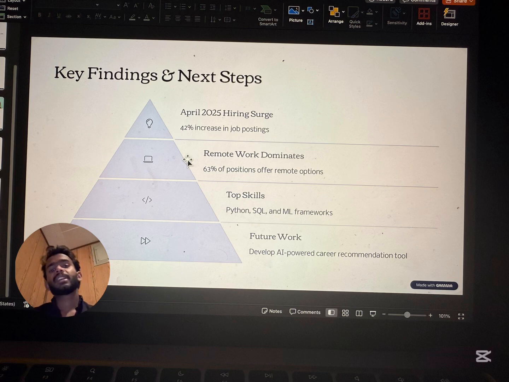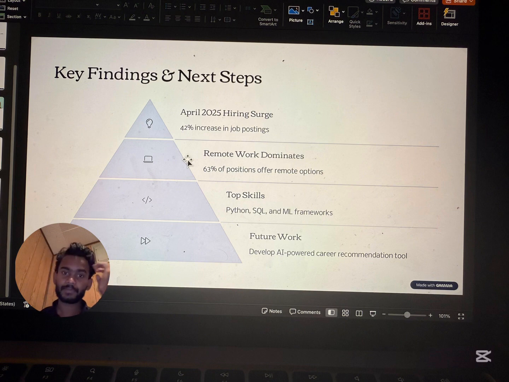So what are my key takeaways from this final project? I found that data roles are in high demand, especially remote positions.